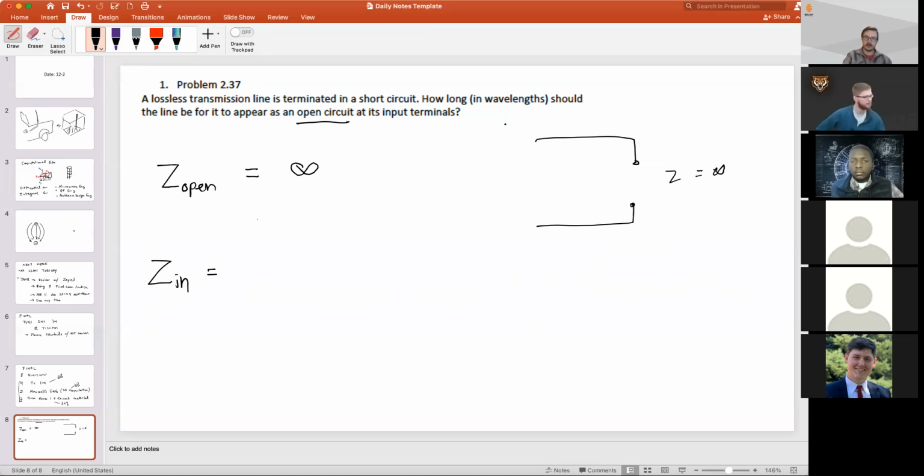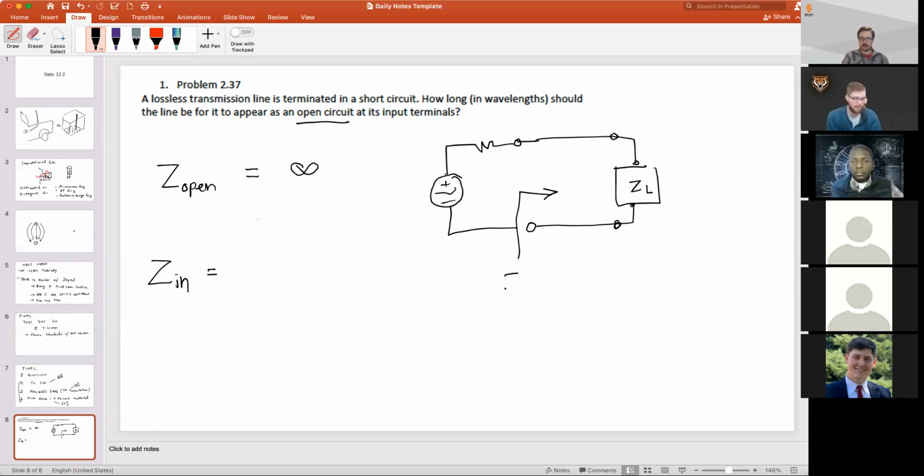So if you measure Zin, we have our transmission line like this, and we look in here. What are we seeing at Zin?